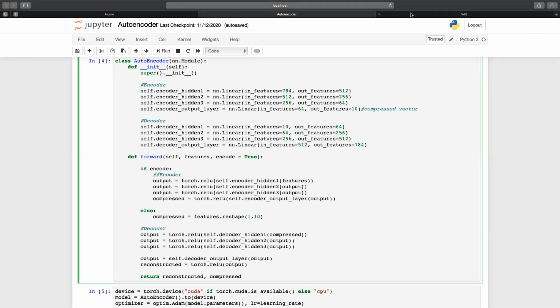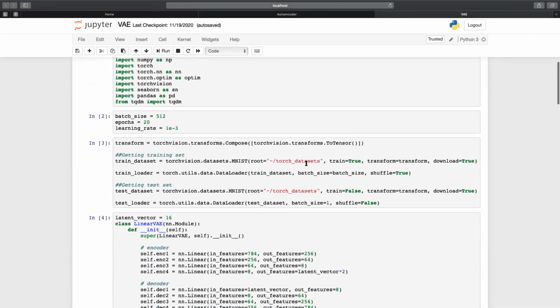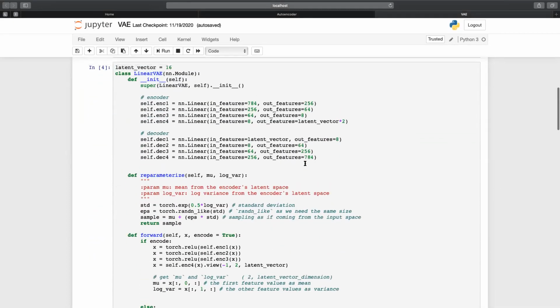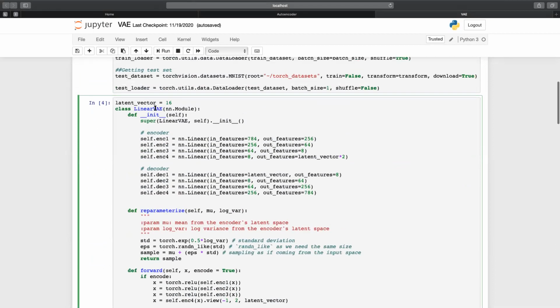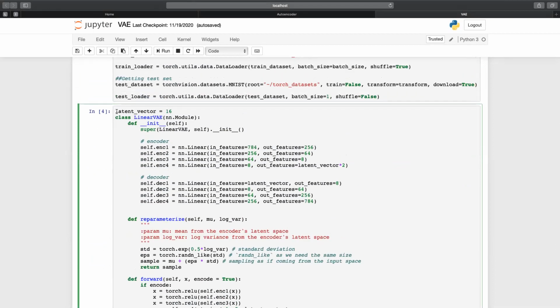So what a VAE looks like: the definitions of the encoder and the decoder networks are very similar. I've chosen a latent vector dimension of size 16. Now, 16 means the mean is a 16-dimensional vector, and so is the covariance matrix, which is 16 times 16.